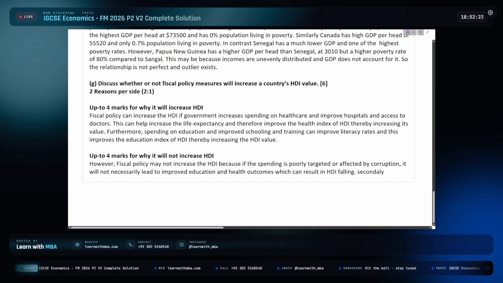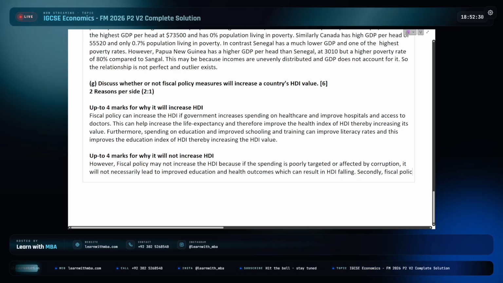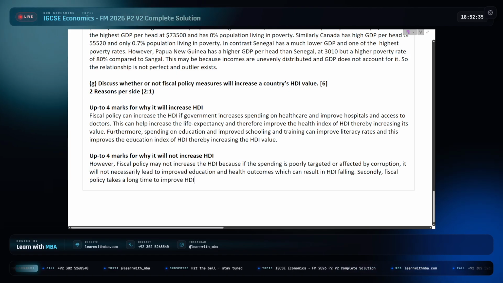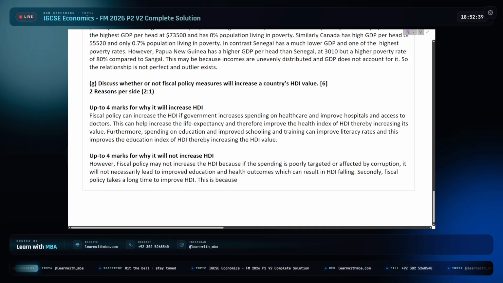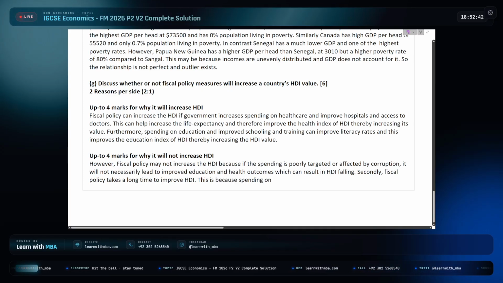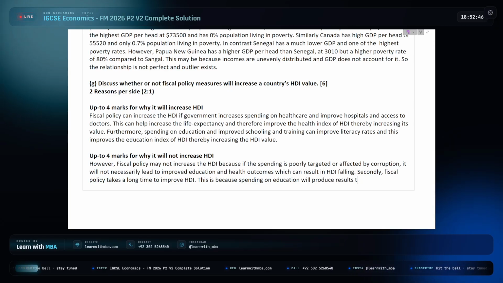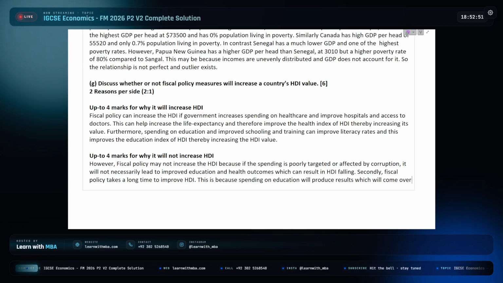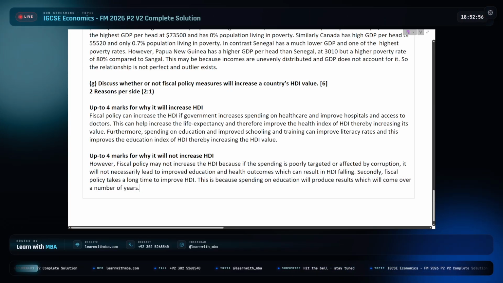Secondly, you can say fiscal policy takes a long time to improve HDI, right? This is because spending on education will produce results which will come over a number of years.